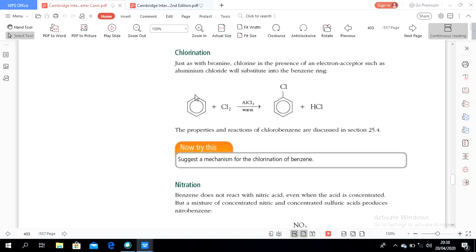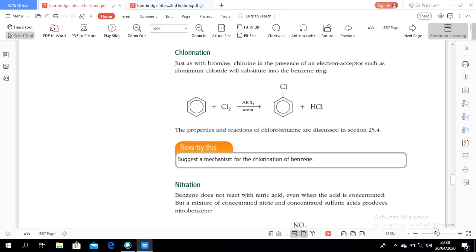In order to achieve stability in benzene molecule, the electron of the hydrogen will be given into the structure of benzene. That makes the hydrogen move out as an ion that combines with the chlorine, then becomes hydrogen chloride.